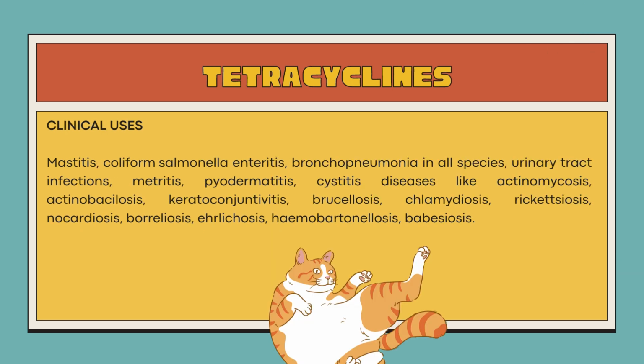Now, we move on to the clinical uses of tetracyclines. These are used in the treatment of mastitis, coliform salmonella enteritis, bronchopneumonia in all species, urinary tract infections, metritis, pyodermatitis, cystitis, diseases like actinomycosis, actinobacillosis, keratoconjunctivitis, brucellosis, chlamydiosis, rickettsiosis, nocardiosis, borreliosis, ehrlichiosis, hemobartonellosis, and babesiosis.